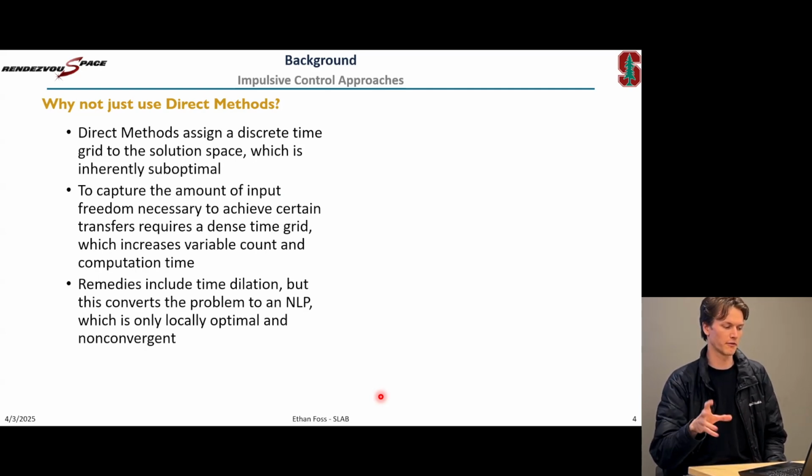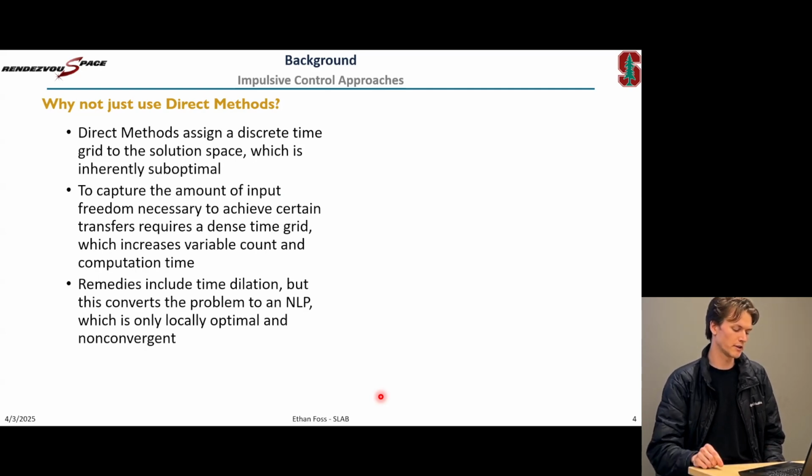To capture the amount of input freedom necessary in an impulsive control problem usually leads to a very dense time grid. And this just means you have a lot of variables to solve for in an optimization problem. So it makes them much less practical to consider.